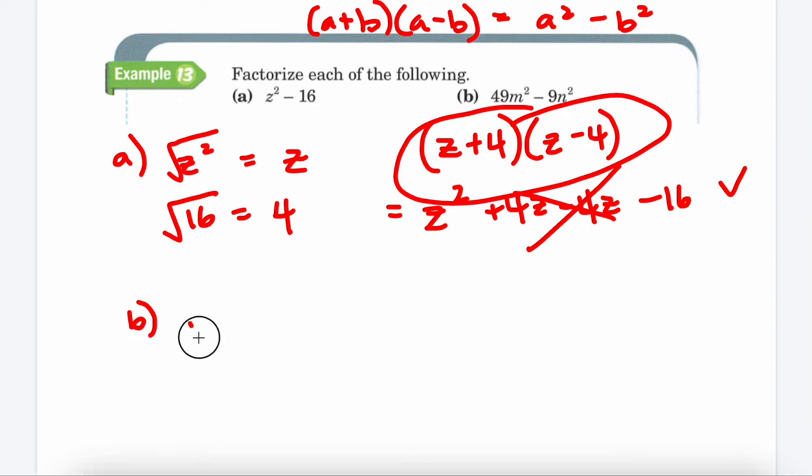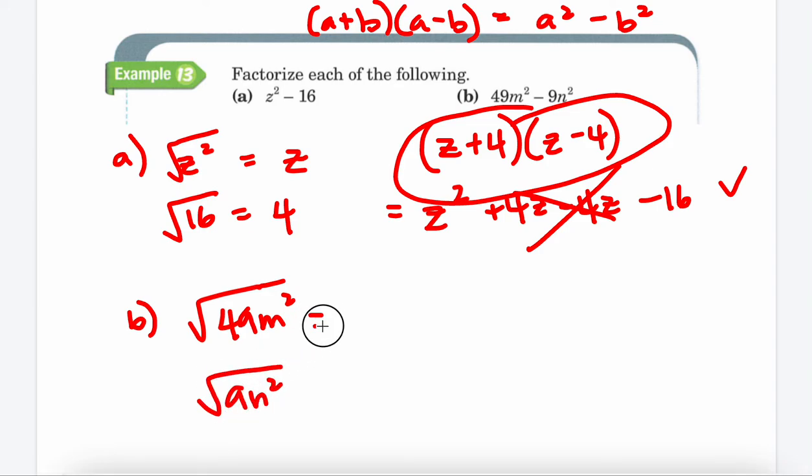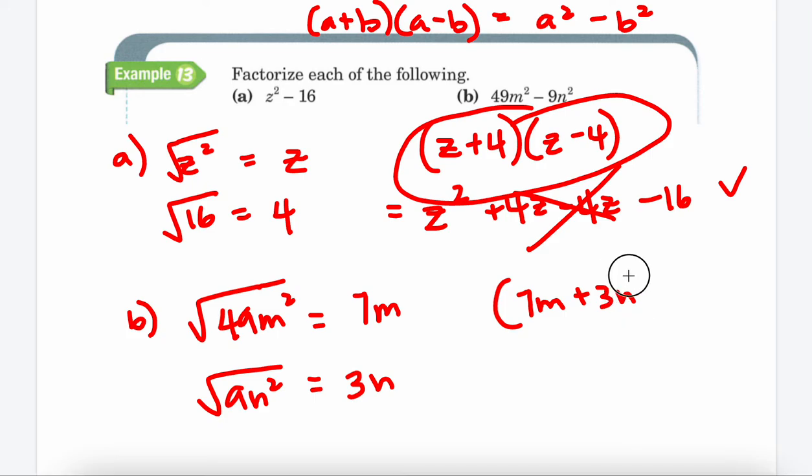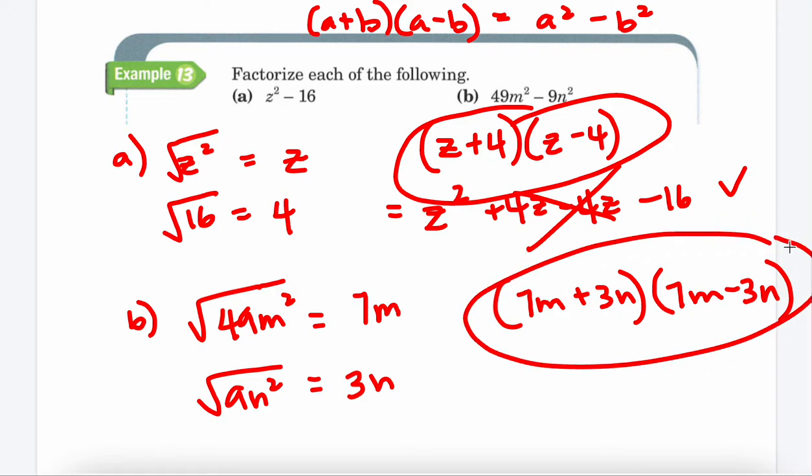For b, find the square root of 49m squared and 9n squared. That should be 7m, and this one should be 3n. So 7m plus 3n multiplied by 7m minus 3n should get you this answer, which will have the inside terms canceled out.